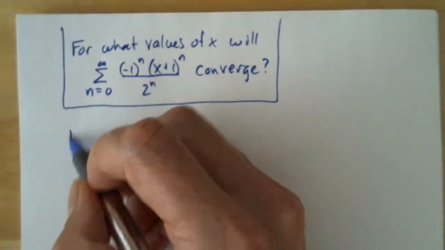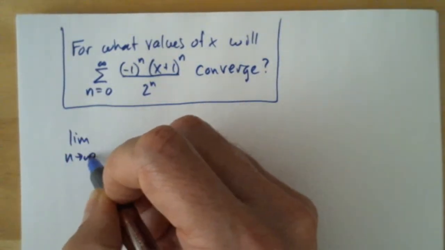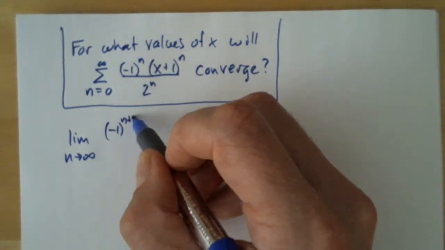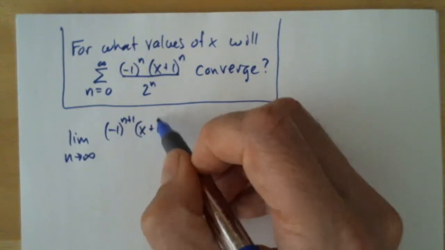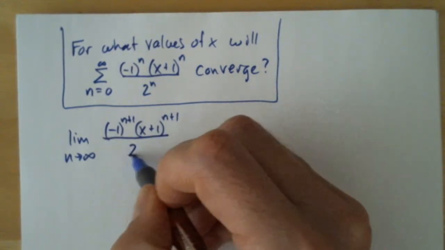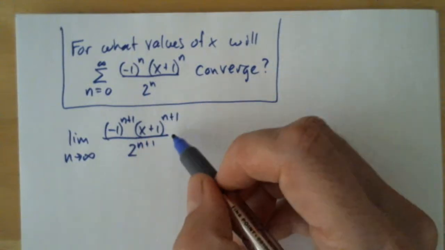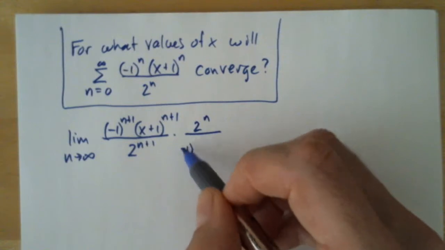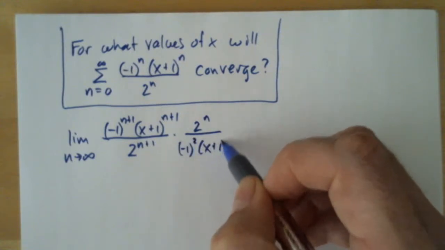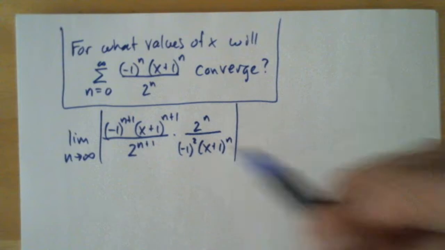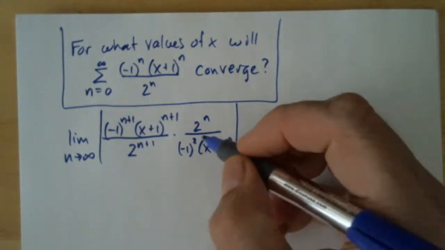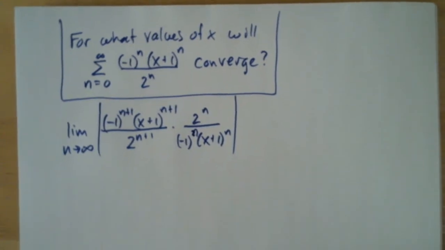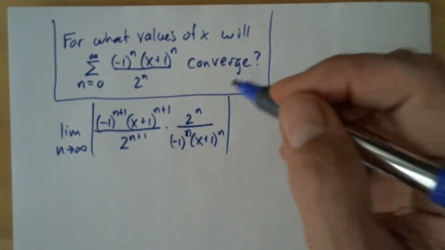So we'll do the ratio test. The limit as n goes to infinity. We'll copy all of that with an n plus 1. Then we have to multiply by the reciprocal of the original term, absolute value, and the absolute value will take care of the negative.